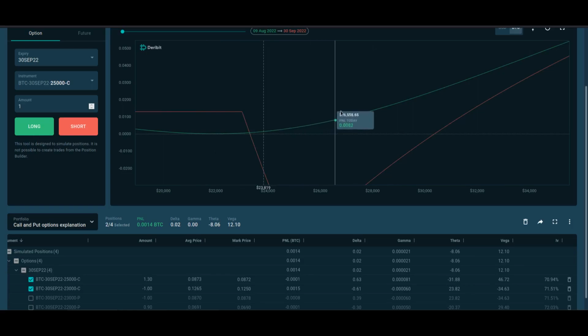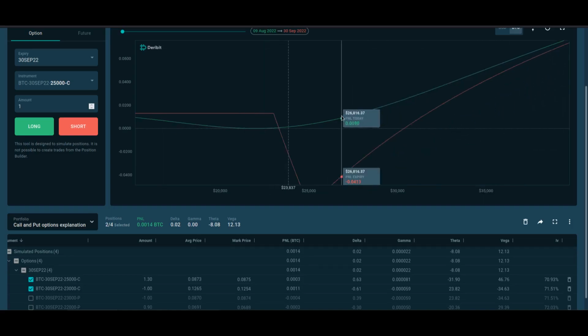If the price goes up to, for example, $30,000, we get the same profit as in the short direction, and we have a break-even point at expiration date of $30,400, and then all will be our profit.